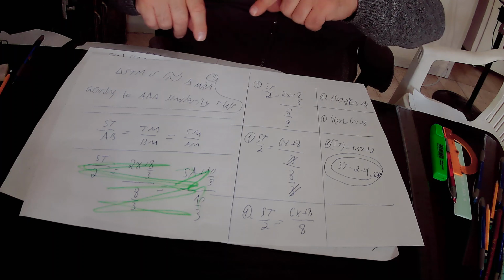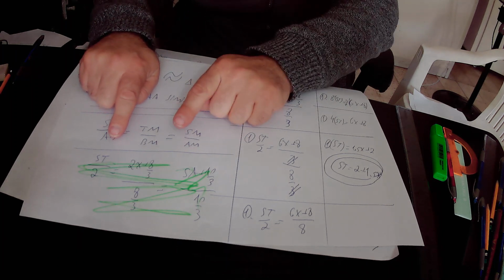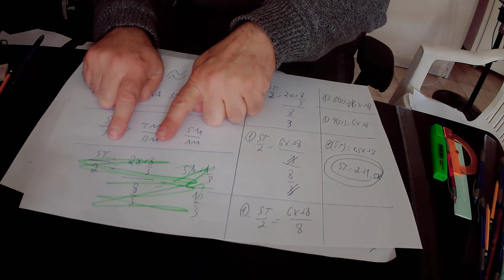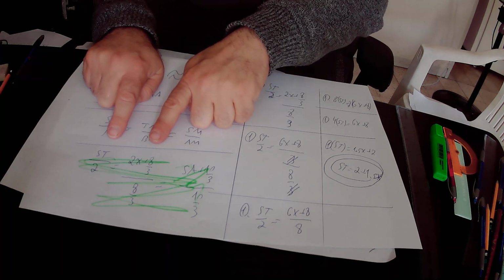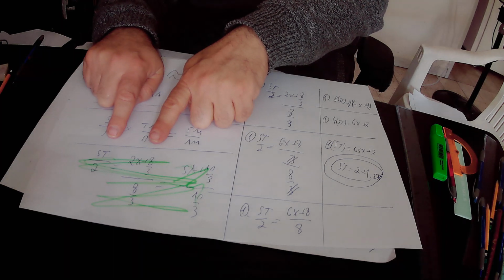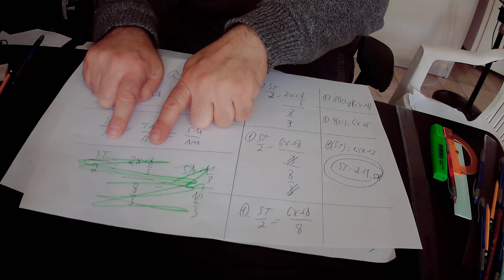We can derive this equation. Actually, those two sides in this long equation are equal to each other. Therefore, we can create equation 1 from those two sides that are equal to each other.